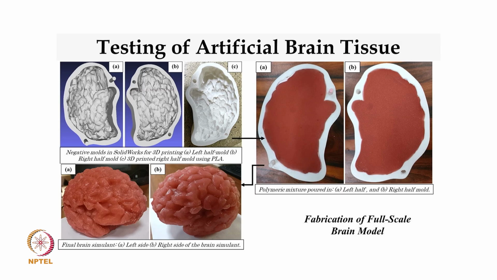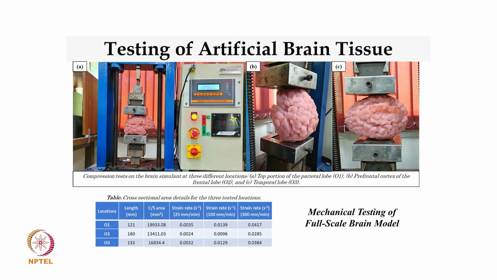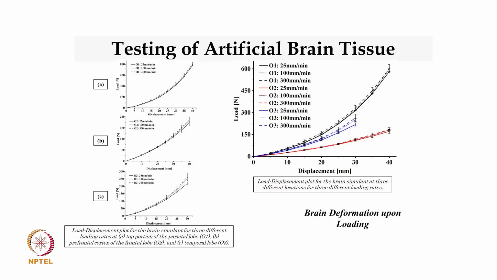Using the compressive property, picking the right mixture of silicon, we made this model, and finally we got them tested in three different configurations: the top portion of the parietal lobe, the prefrontal cortex of the frontal lobe, and the temporal lobe. These were the three different configurations in which we typically see impacts in a human body, and these are the three examples which we took to do the mechanical characterization at different strain rates.